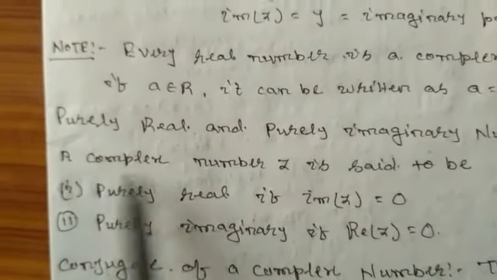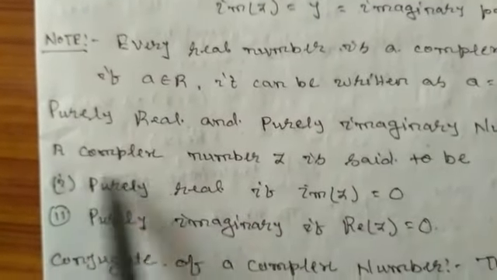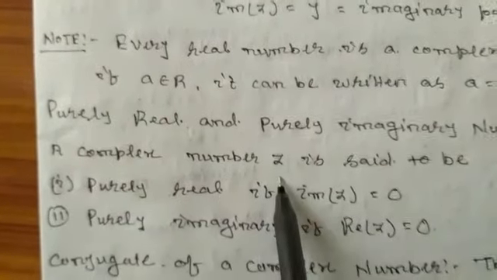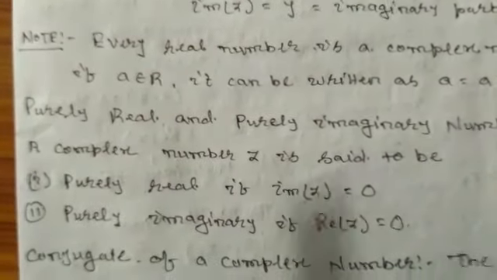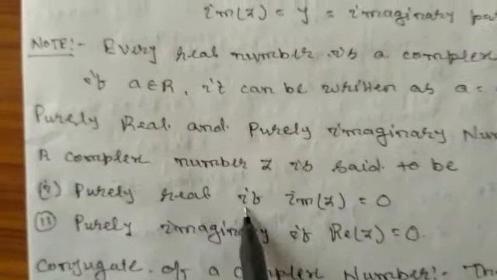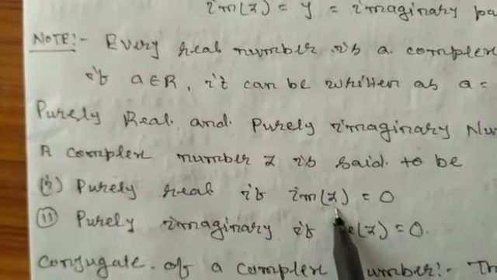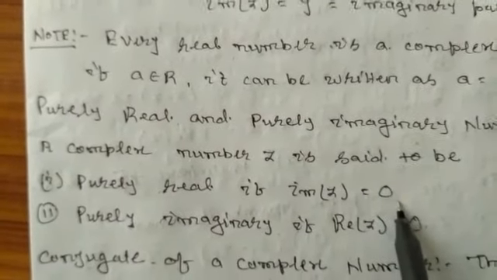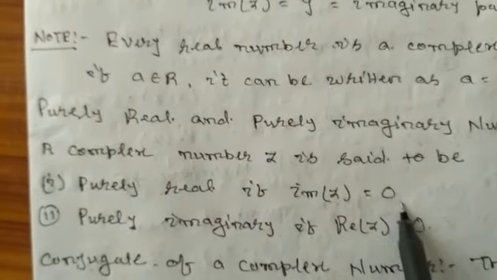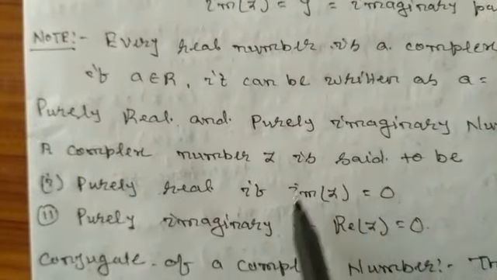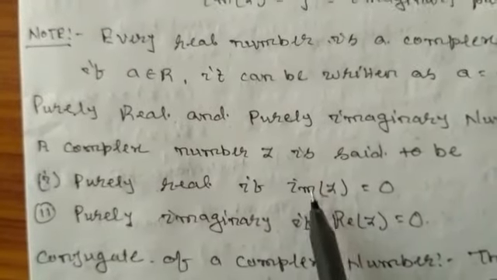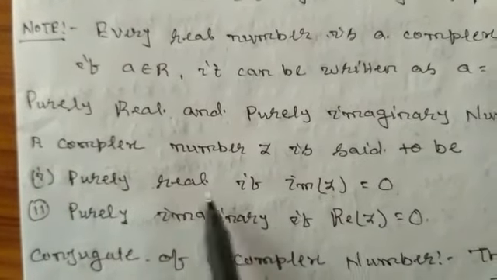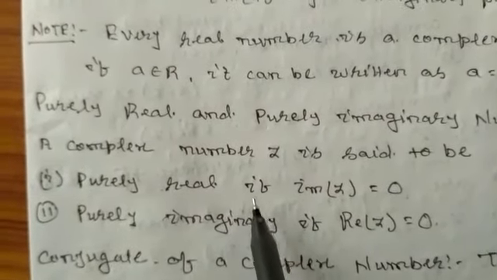Any complex number z is said to be purely real if the imaginary part of z equals 0. That is, when the imaginary part of a complex number becomes 0, such a number is called a purely real number.